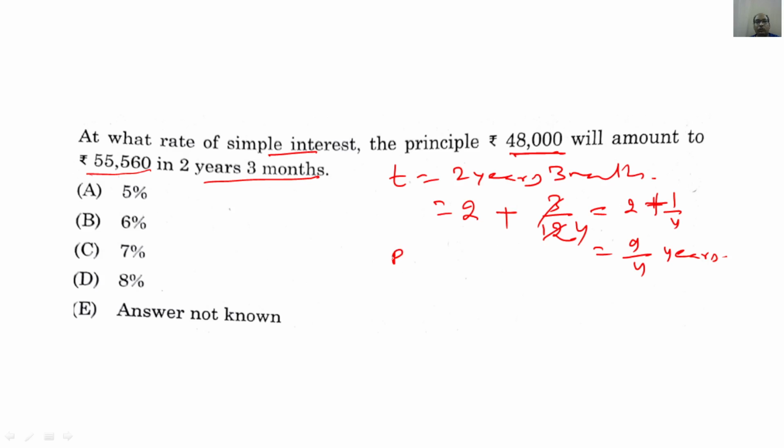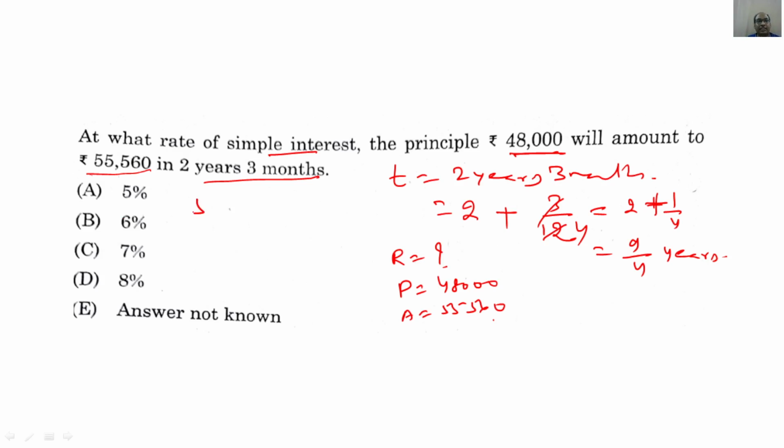Rate is not given to us, that we need to find out, rate percentage, and principal is given to us as 48,000. Amount is also given to us as 55,560 in 2 years 3 months. So now interest is what?